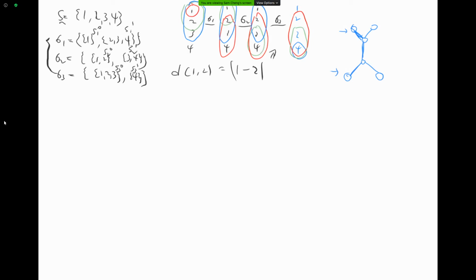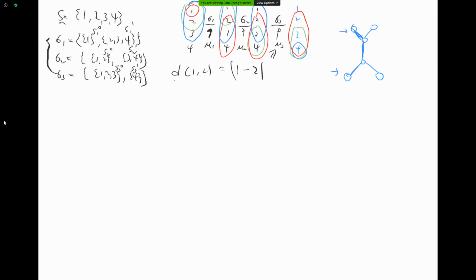So I have this distance for any 2 points here, but I want to have a distance between nodes, and a very reasonable distance would be, for each sigma here, I assign a distance. Like I assign some mu1, mu2, mu3. Then the distance of nodes will be the sum over all these mu's.